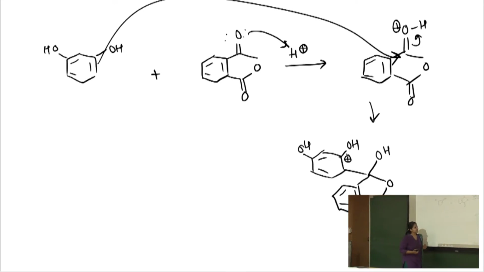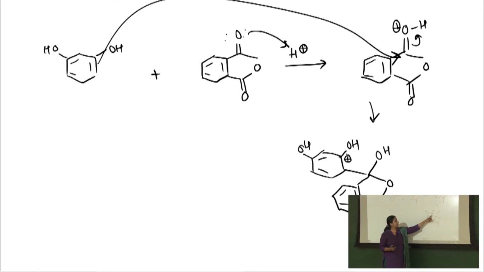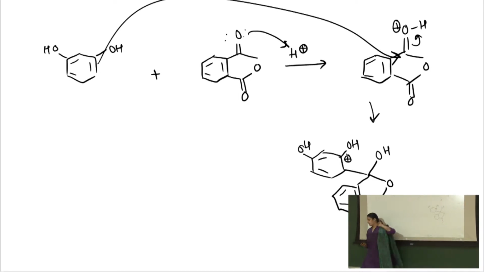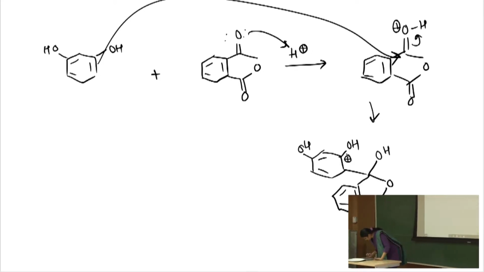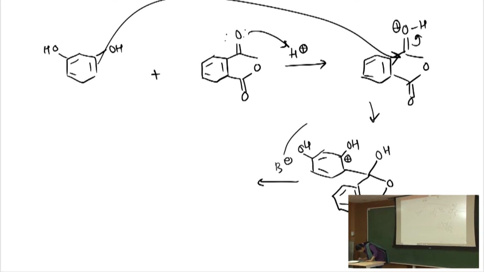So, it is going to give up, it wants to recreate this double bond, right. So, it will give up a proton, right? Some base in the solution is going to come back, attack and reform this double bond, right? I am just going to say B minus.